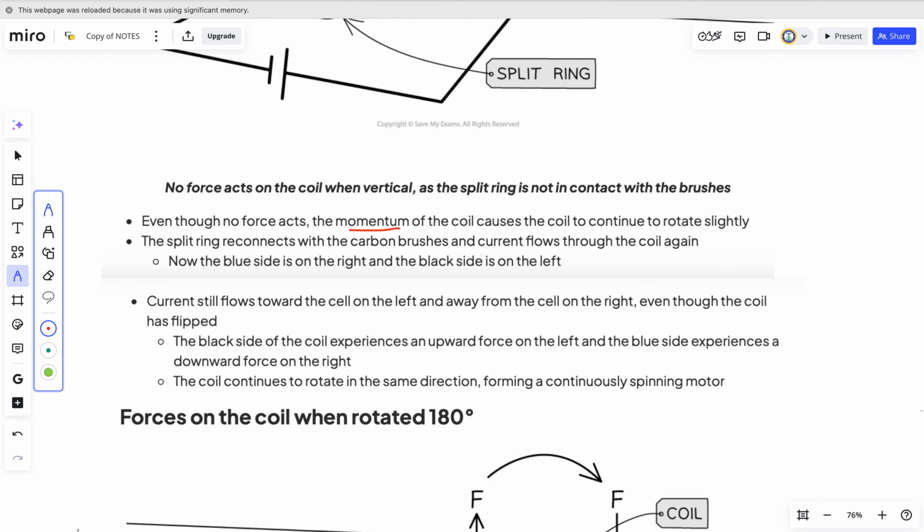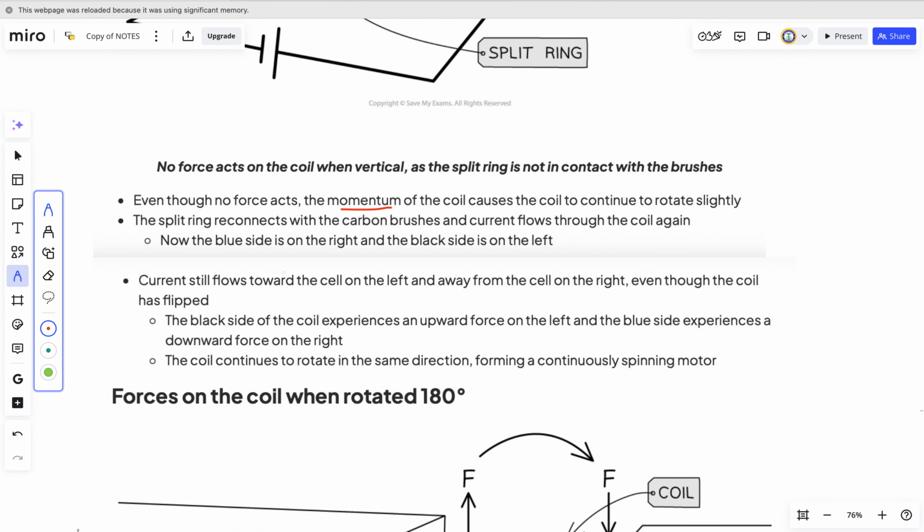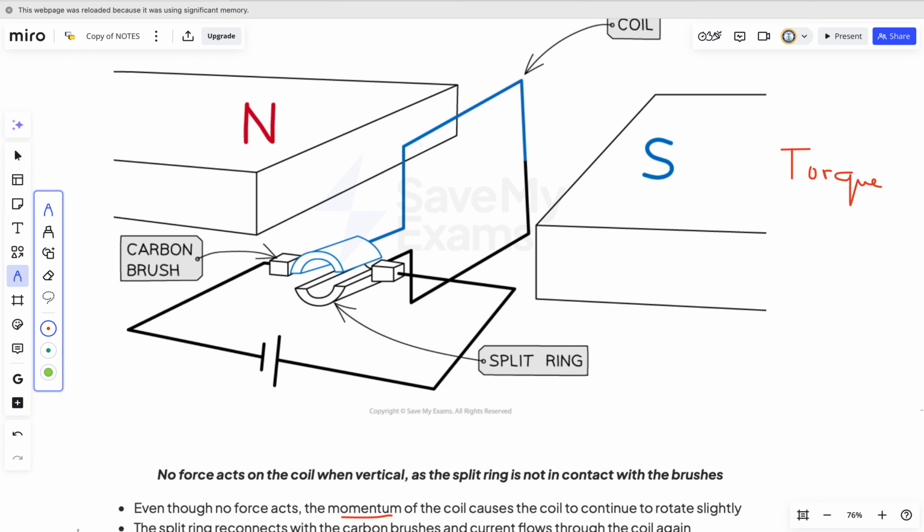Is that okay? Now the slip ring reconnects with the carbon brush and current starts to flow again. So when you keep rotating, the momentum, or the torque, keeps it going. Any word you want to use is fine. In the Cambridge IGCSE, I think they will use the word momentum mostly. They will be more familiar with the word momentum.